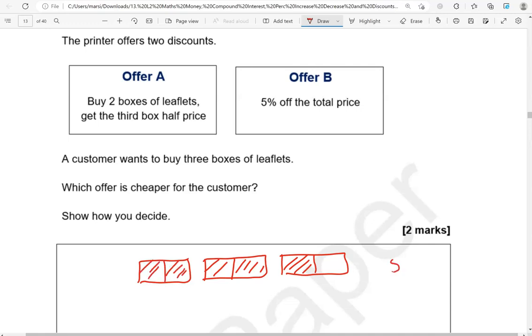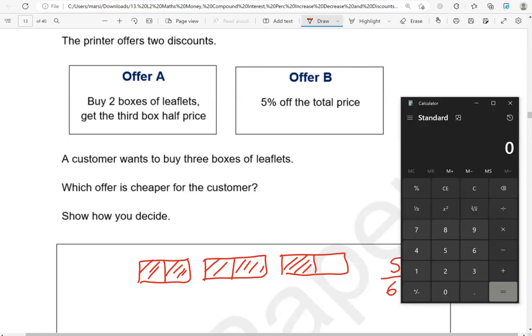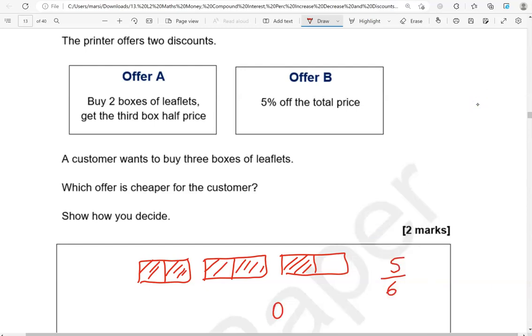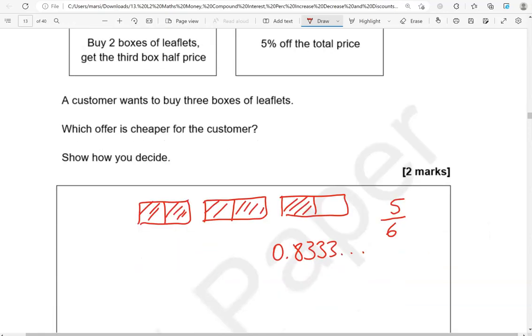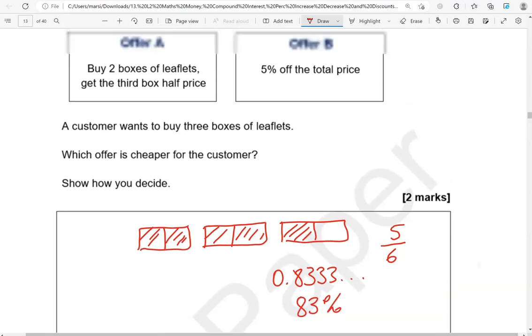So it's like paying 5/6. 5/6, that is 5 divided by 6, which is 0.8333. So the 3 is recurring. So this is about 83% that you pay.